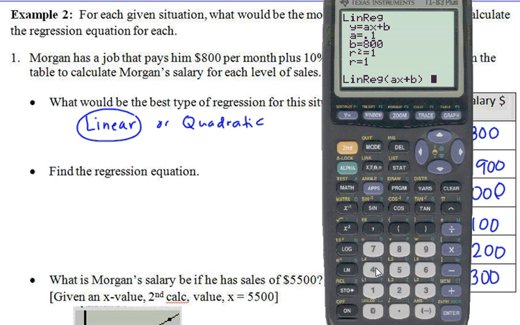Yeah. Oh, you've deleted your columns. See, there's no L1, L2. Oh, I was in L4. Yeah, L3 and L4. So you have to push clear, not delete. Okay.